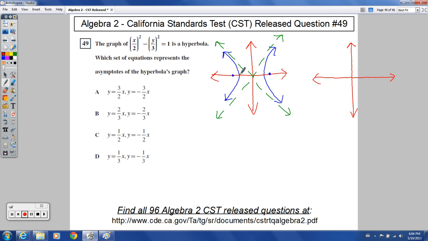And then similarly with the foci along the y-axis, if it's oriented like that instead, it would look something like this, where the hyperbola now is going in this direction, and then in this direction opening down. You still have these asymptotes, these lines that the graph of the hyperbola never actually touches.